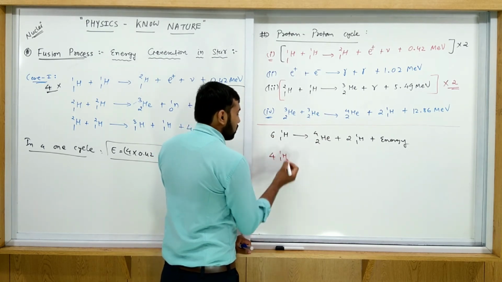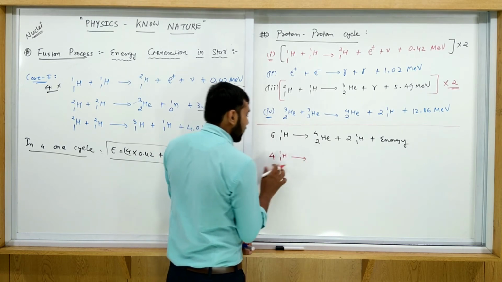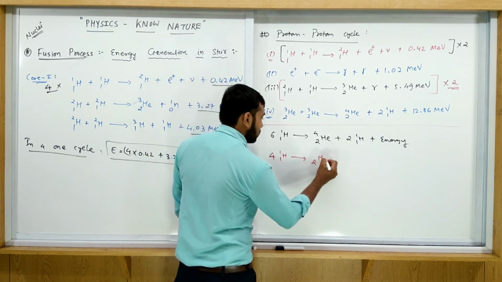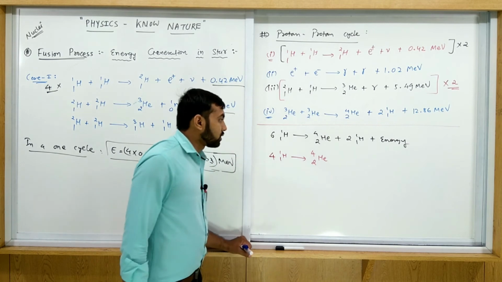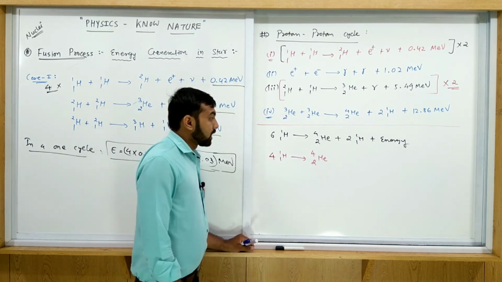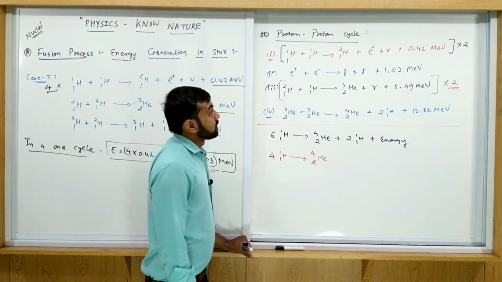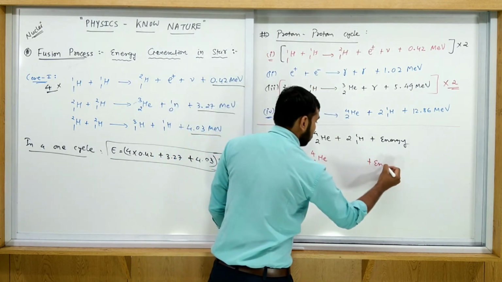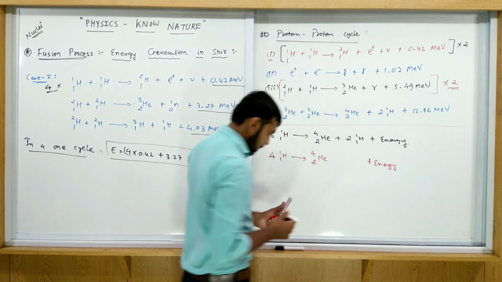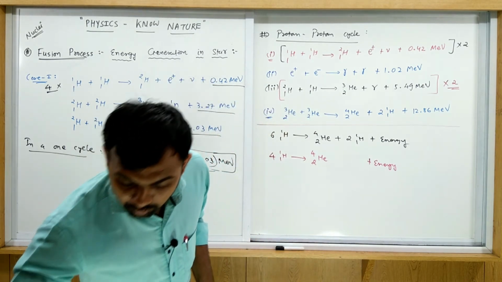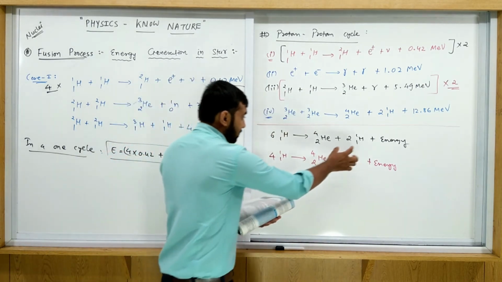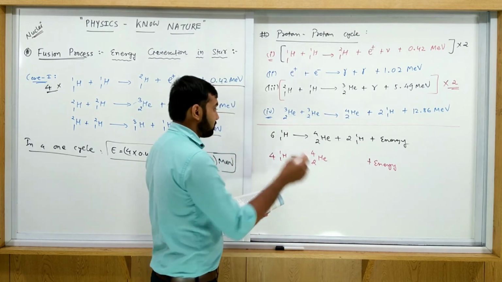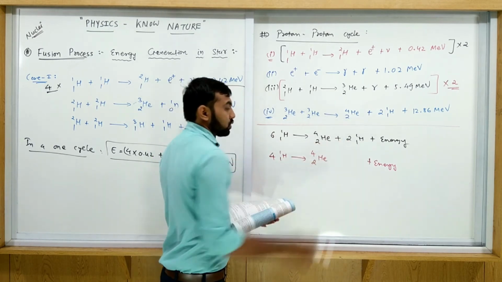So 4 1H1 are recombined to each other, and it forms 2 He4, and some beta process is also required, plus some energy. It is balanced by some intermediate terms required here. It is balanced, 6 is 2 plus 2.